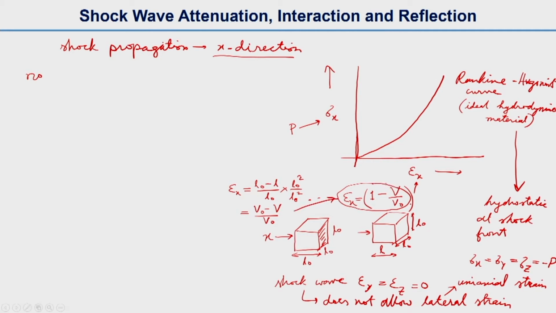Now coming back to this diagram, the plot of the Rankine-Hugoniot curve, a non-hydrodynamic component of stress can come into the picture when the HEL, the Hugoniot elastic limit, is not negligible.